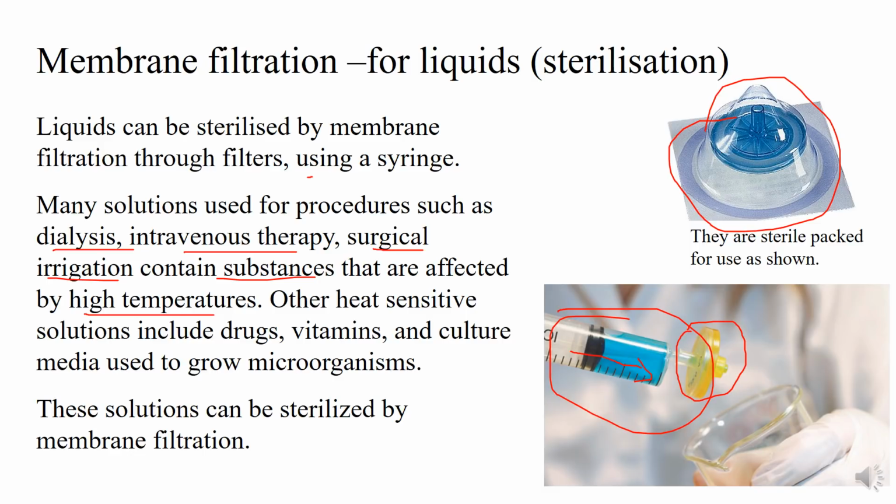So to sterilize them, we use membrane filters. Other heat-sensitive solutions include drugs, vitamins, and culture media, meaning media that is used for bacterial growth, that cannot be autoclaved because it will destroy the proteins inside the media. So these solutions can be sterilized using membrane filtration.